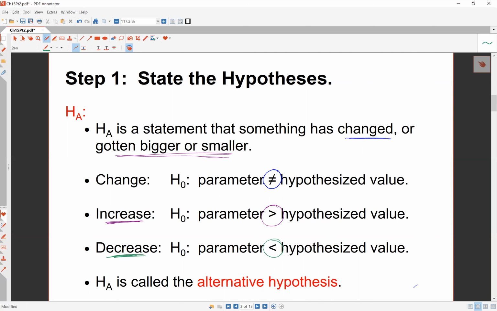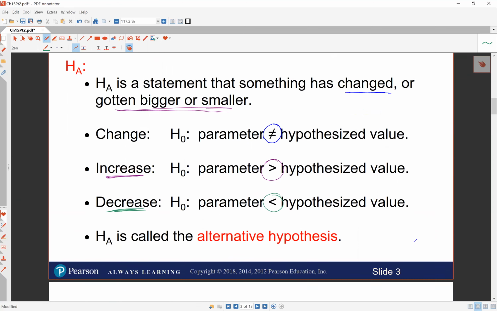So you have to clearly read what the problem setup says and what the goal of the research is. It will often be acknowledged in there how your alternative is formulated. And the alternative hypothesis formulation becomes really important later on when we're doing the final calculations for our hypothesis test. But step 1 will always be formulating null and alternative hypotheses.